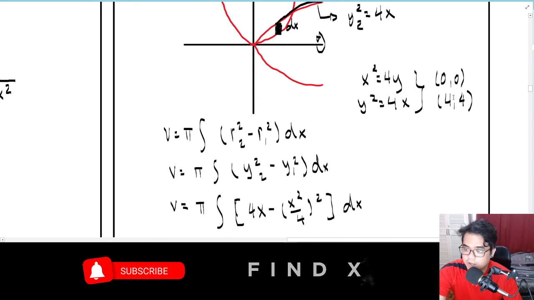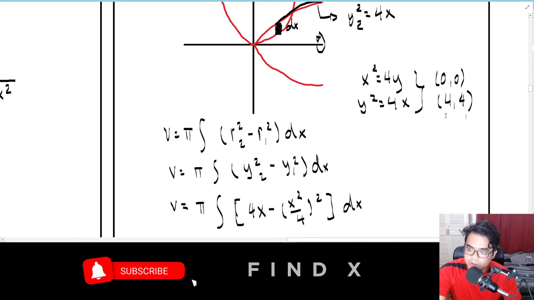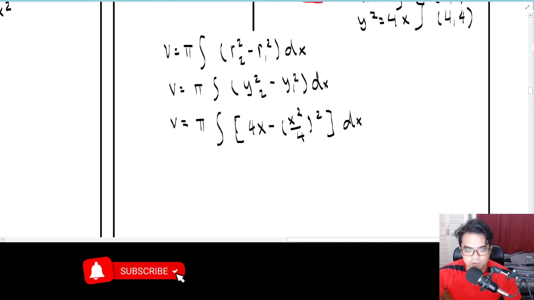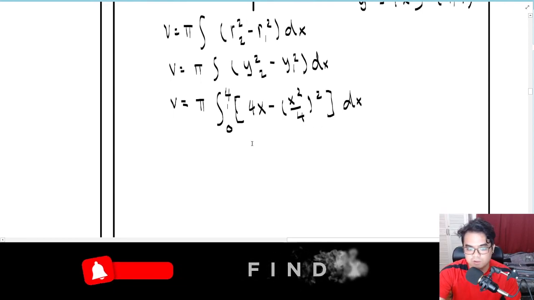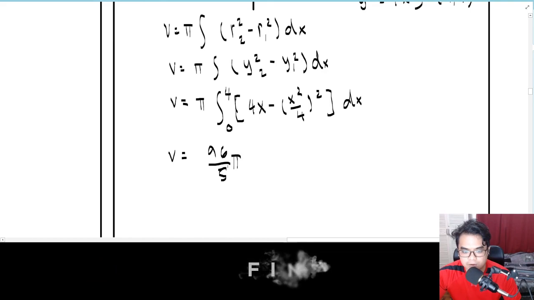Therefore, the lower limit will be 0 and the upper limit will be 4. So that's basically it. If you now use your calculator, you'll have here 96 over 5.